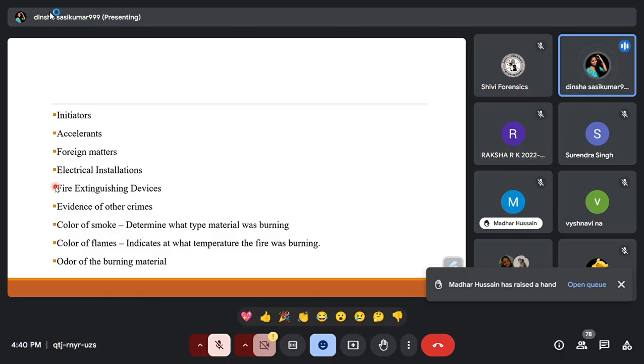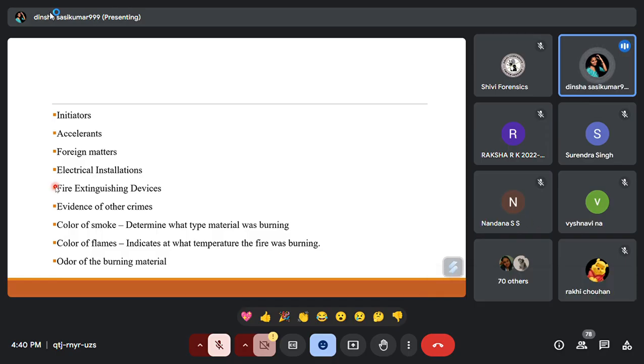So we have to examine in detail the fire extinguishing devices if they are present in the crime scene. Then evidences of other crimes. If there are any other kinds of evidences, then we should check them in detail too. The debris that we collect from the crime scene should be carefully checked for evidences of other crimes, like murder, fraud, theft, or robbery.